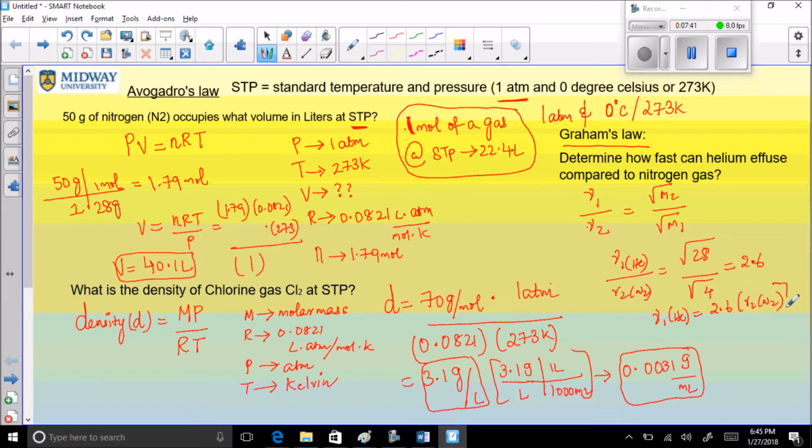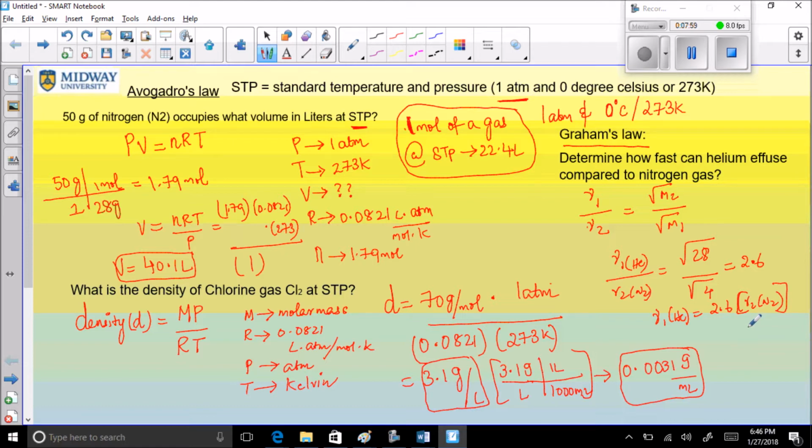What does this mean? It means that helium can effuse out of the balloon almost 3 times faster than nitrogen. So helium would come out first from the balloon before nitrogen can come out, and almost 3 times as fast.